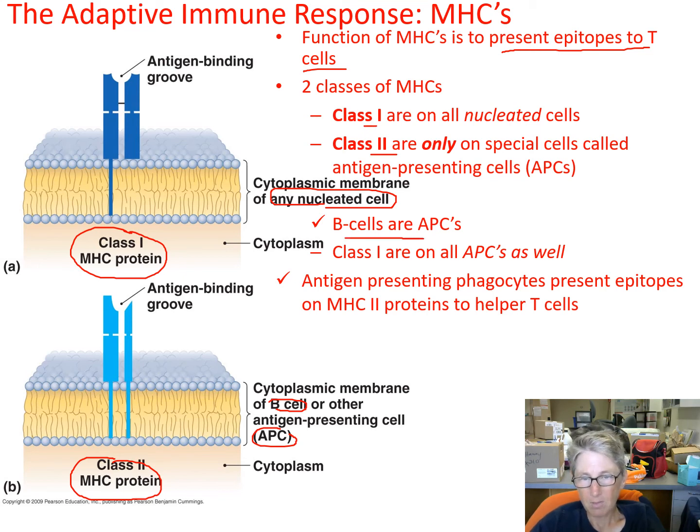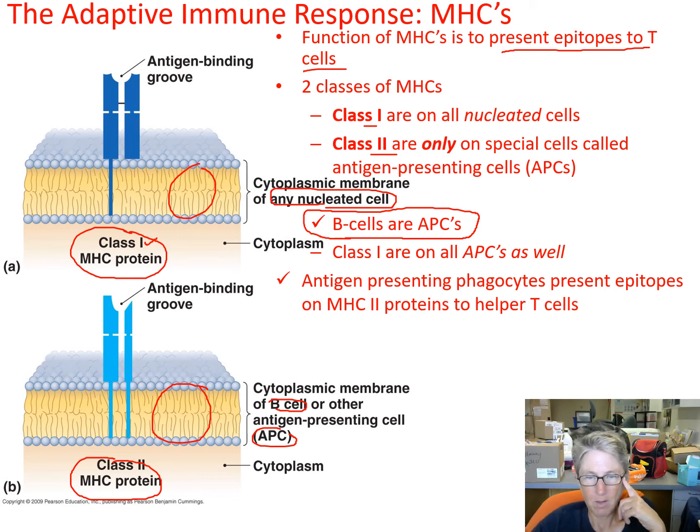B cells, the reason I throw in these MHCs is because B cells are antigen presenting cells and they also have a nucleus. So B cells have class 1 MHC proteins in their phospholipid bilayer or their cytoplasmic membrane, and B cells are antigen presenting cells, so they also have class 2 MHCs.